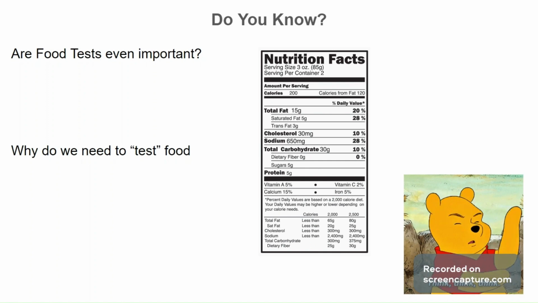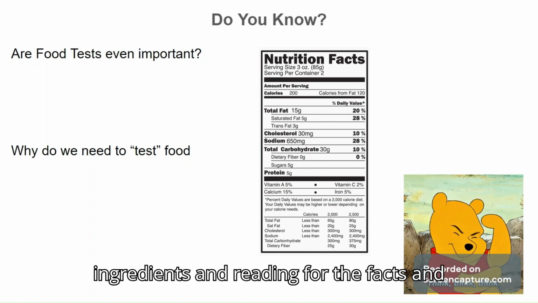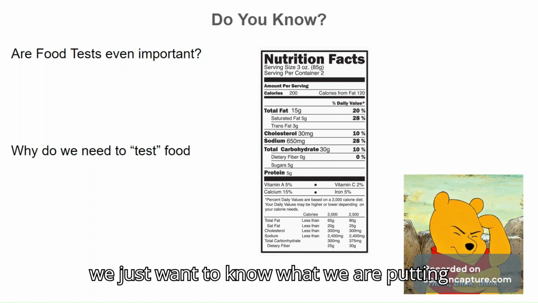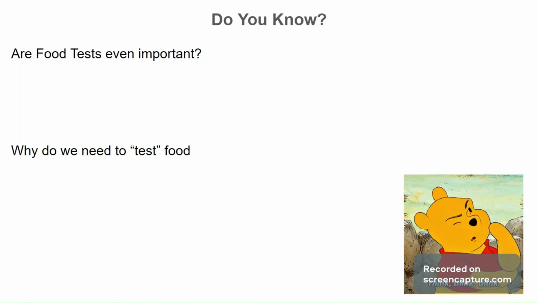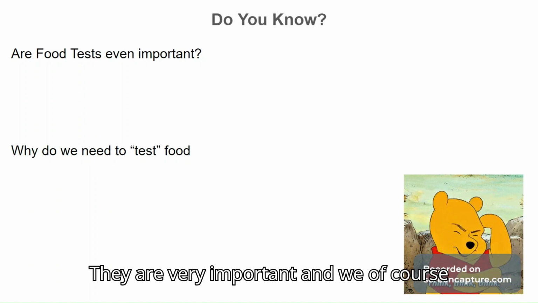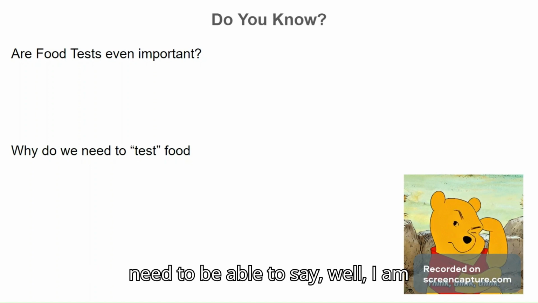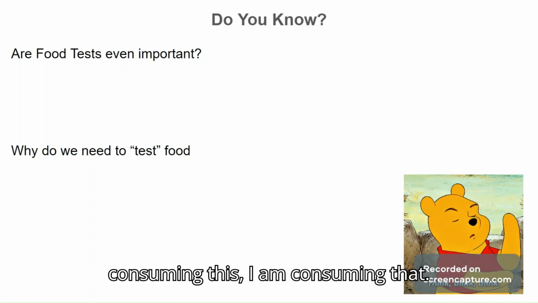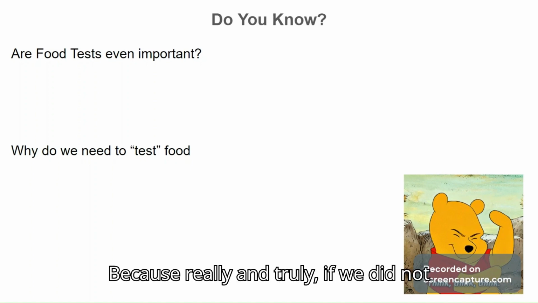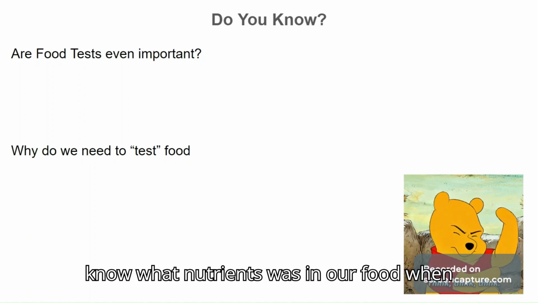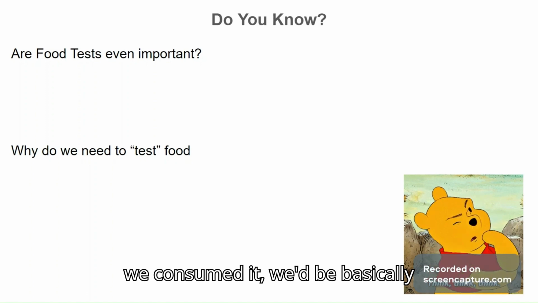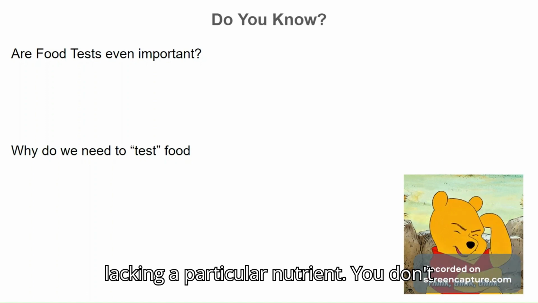Now, we're reading for ingredients, we're reading for the facts, and we just want to know what we are putting into our bodies. They are very important, and we, of course, need to be able to say, well, I am consuming this, I am consuming that. Because really and truly, if we did not know what nutrient was in our food when we consumed it, we'd be basically lacking a particular nutrient.